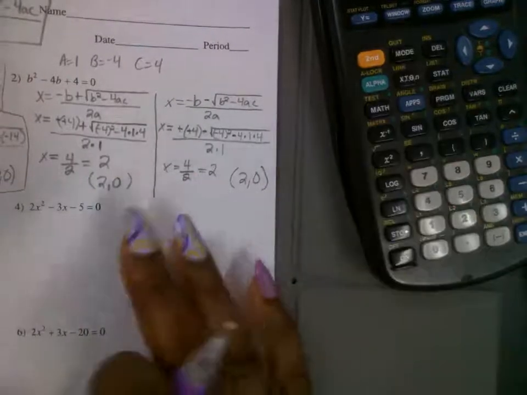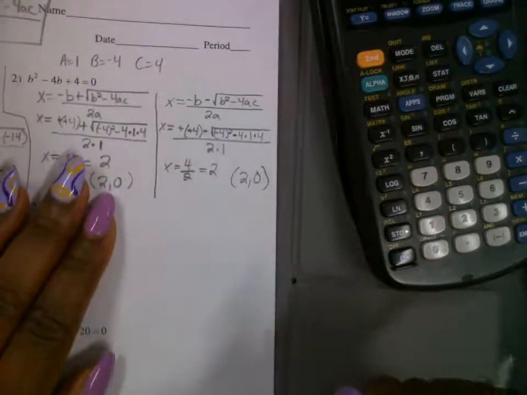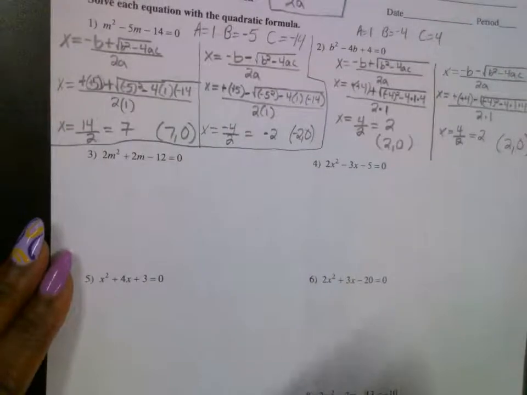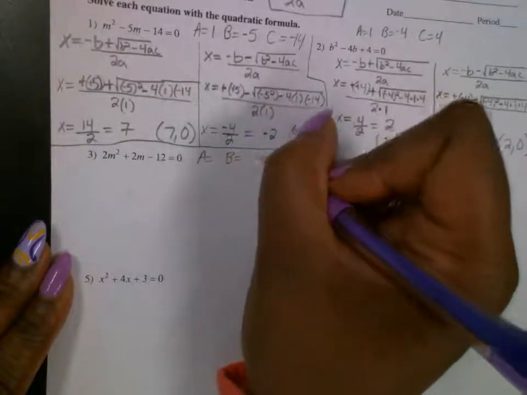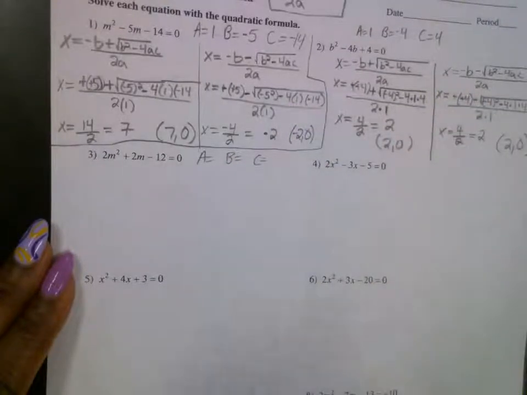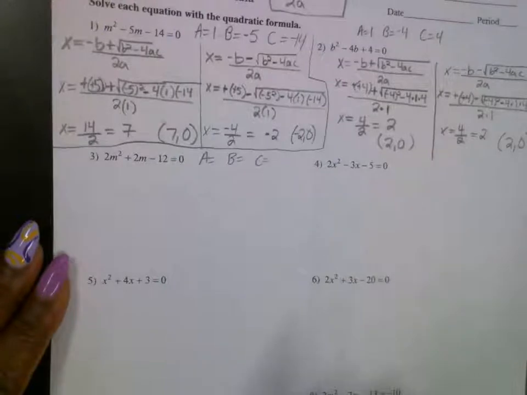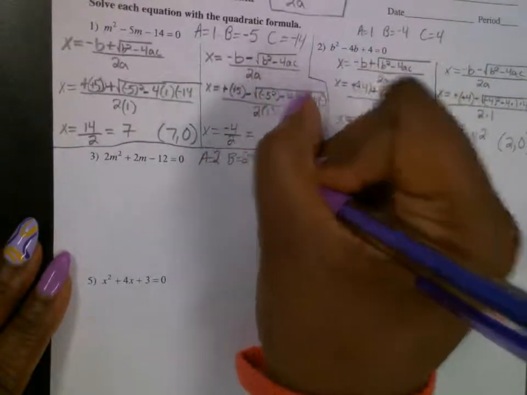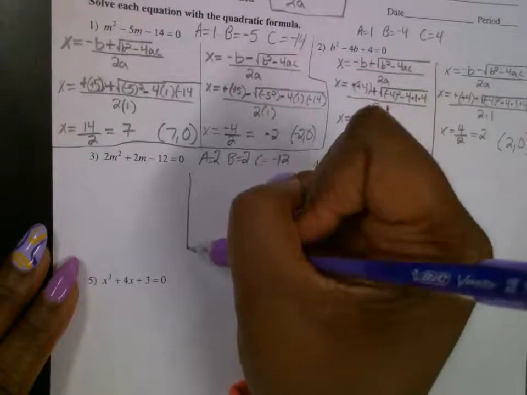All right. Now, if it doesn't simplify at all, guess what? If it doesn't simplify at all, that means it doesn't cross at all. Okay. All right. See if you can do this one on your own. I'm going to walk you step by step. Let's label our A, our B, and our C first. What's the A? 2. B? 2. C? -12. Okay, so now we're going to write the formula.